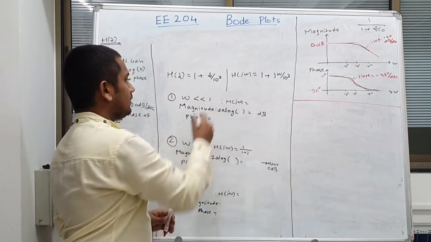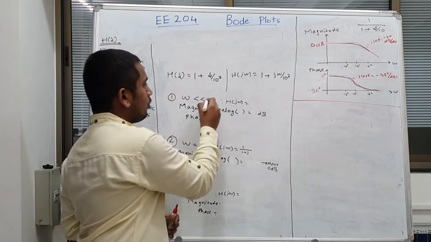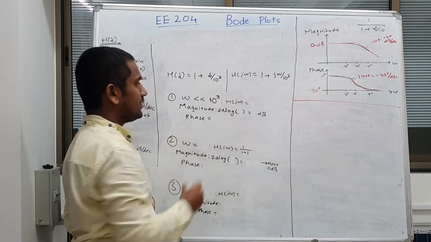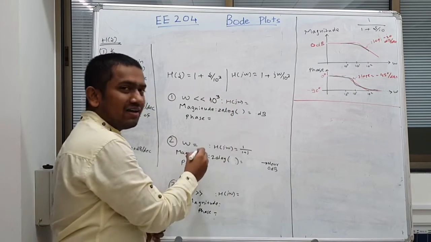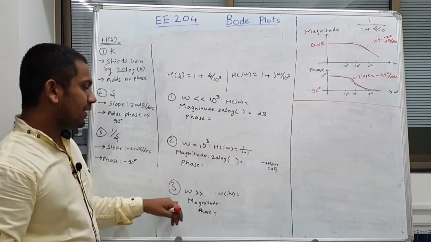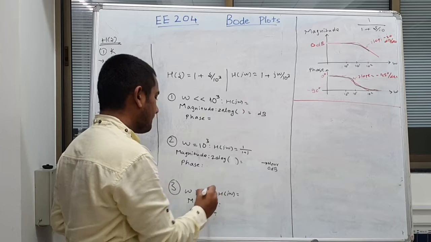Now again we will make three assumptions. One is when omega is much smaller than the zero frequency, when omega is at the zero frequency, and when omega is much higher than the zero frequency.